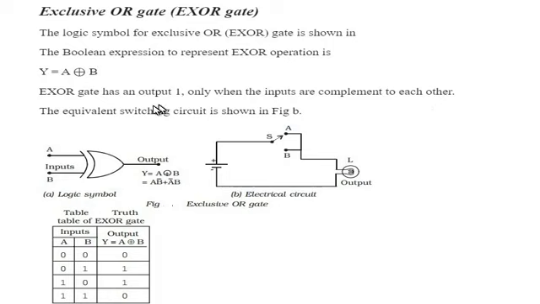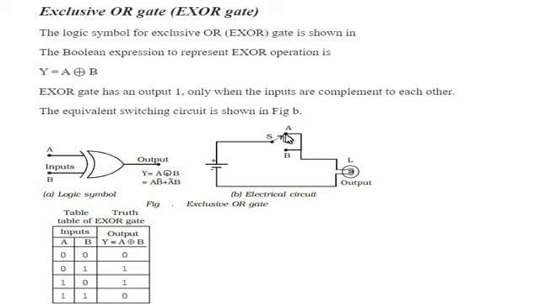Okay, the equivalent switching circuit is shown here. In this circuit, switch positions A and B will individually make the lamp be on, but the combination of A and B is not possible. Means both the switches A and B will not connect to the battery at a time.